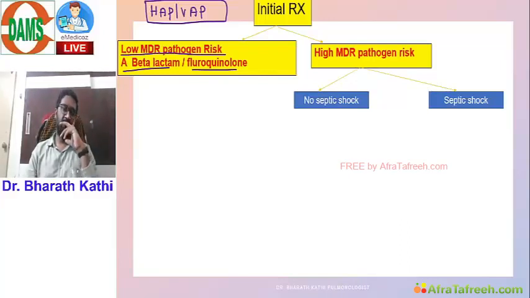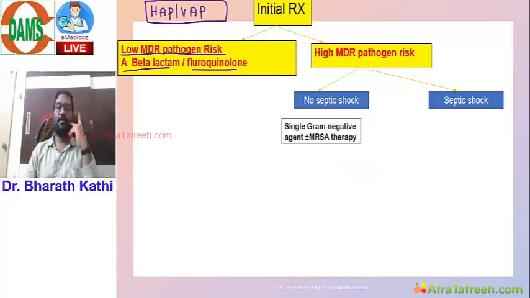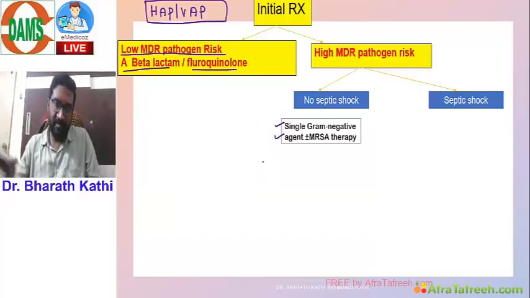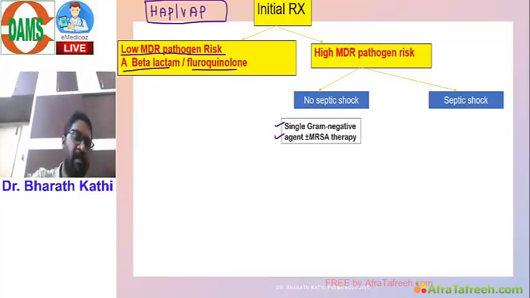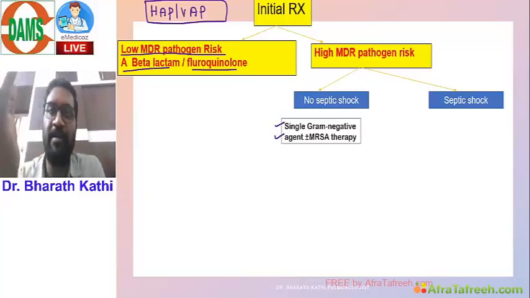When he is in septic shock, you should make sure you are giving more antibiotics. If he is not in septic shock, what is the antibiotic? You can give a single gram-negative agent, and usually it will be a higher beta-lactam. Along with this, if the patient has risk factors for MRSA, you can add MRSA therapy.